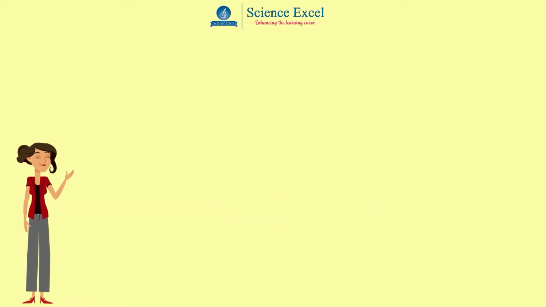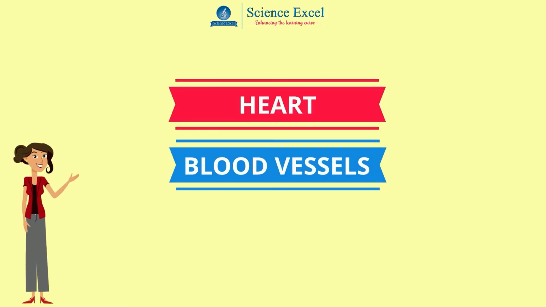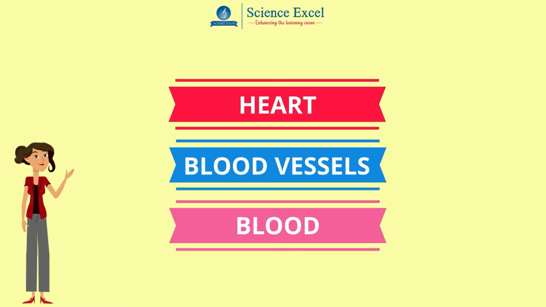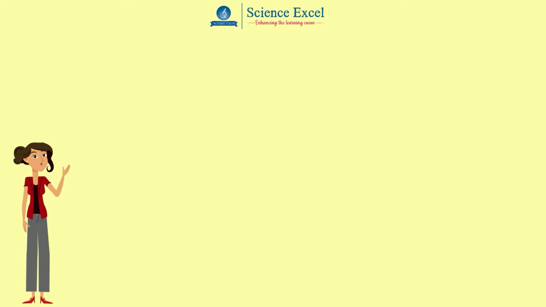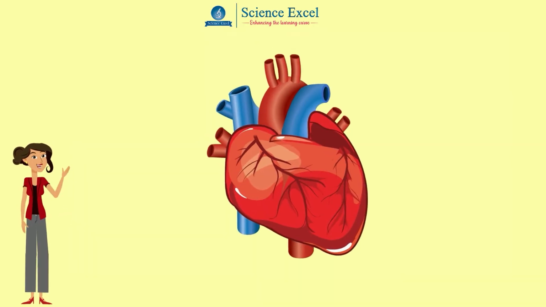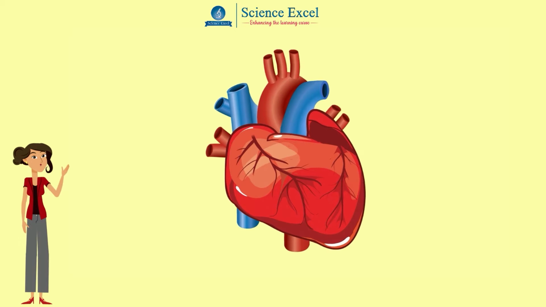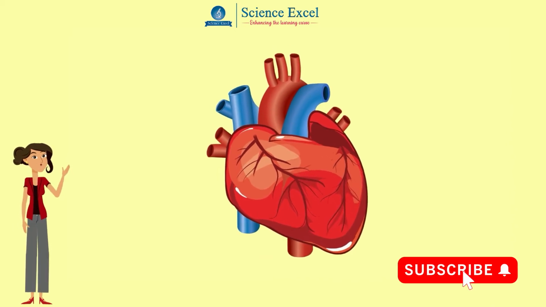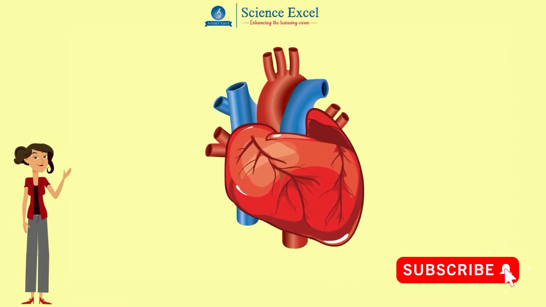The circulatory system, also known as cardiovascular system, consists of the heart, blood vessels and blood which is circulated throughout the body. Let us start with the human heart. The human heart is one of the most important organs responsible for sustaining life.